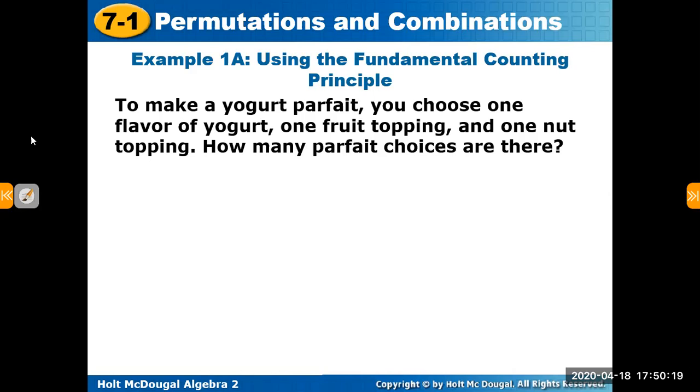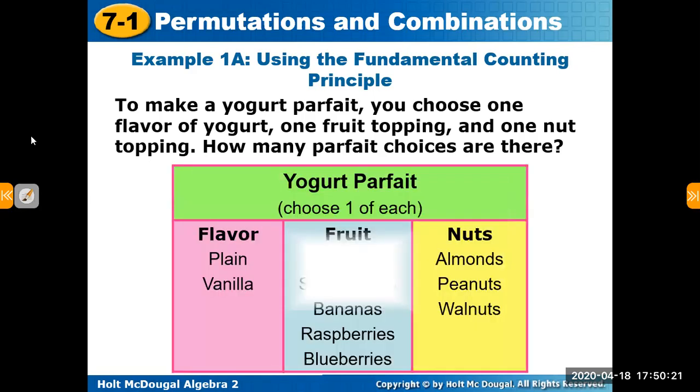So how many parfait choices are there for you? This is the list of materials you have. So you have 2 yogurt flavors, 5 fruit flavors, and 3 nuts.